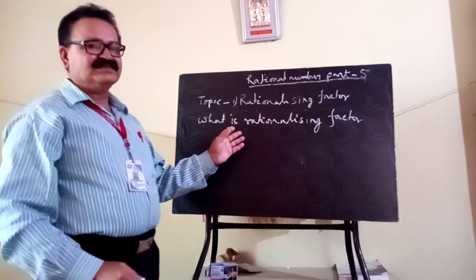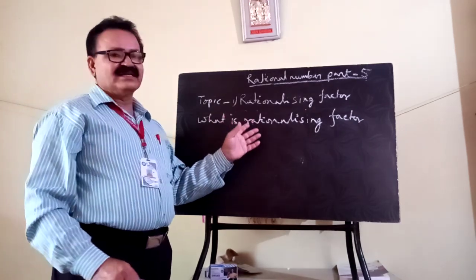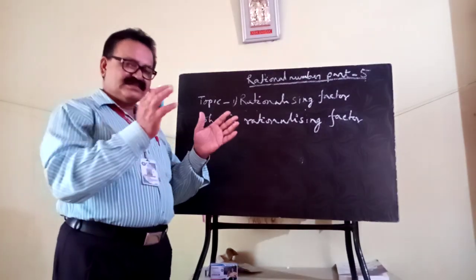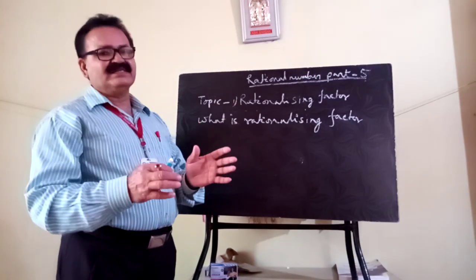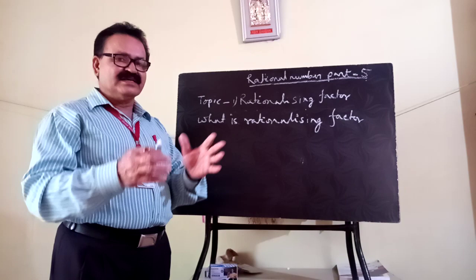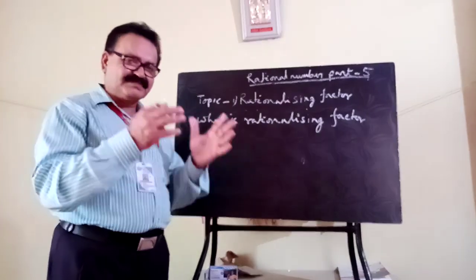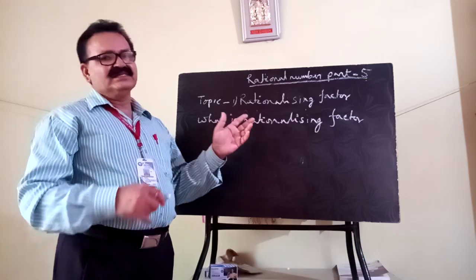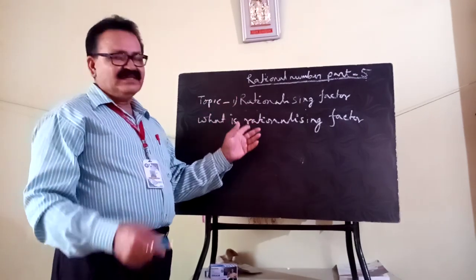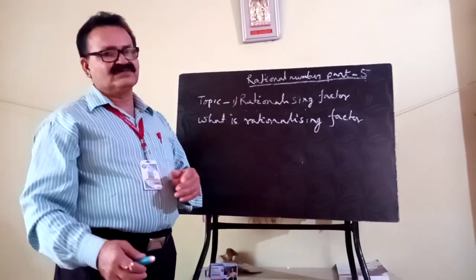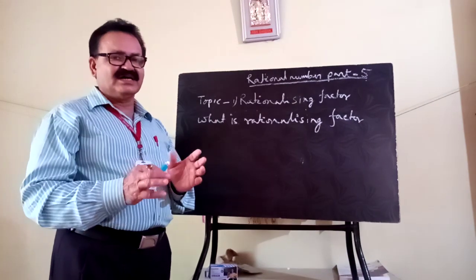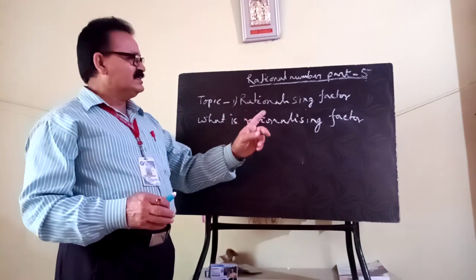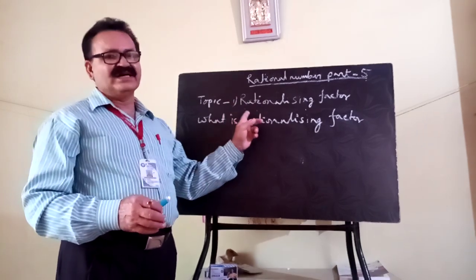To rationalize an irrational number into a rational number, you have to multiply a certain term with the given irrational number so that the result you obtain after multiplication is a rational number. Then such a term which is multiplied with the given irrational number is a rationalizing factor.